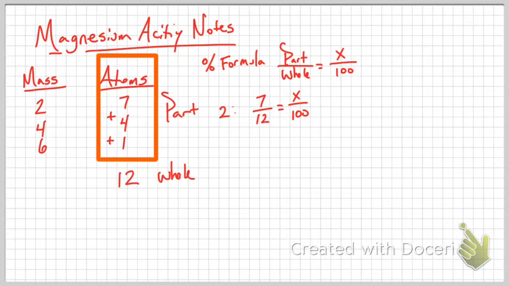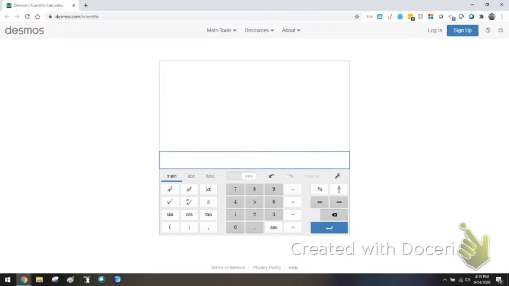When I have a proportion, the first thing I do is cross multiply, and then second I divide. So in my calculator, 7 times 100 divided by 12. If I enter it that way, I only have to do one thing.